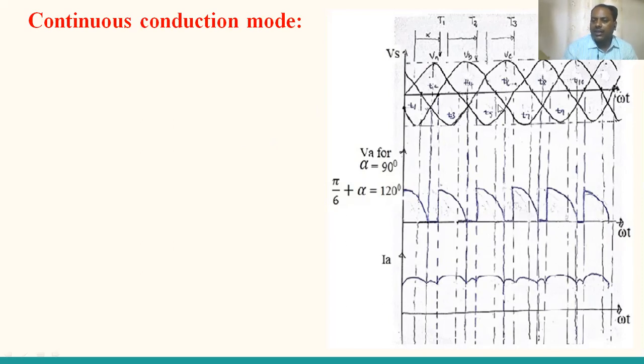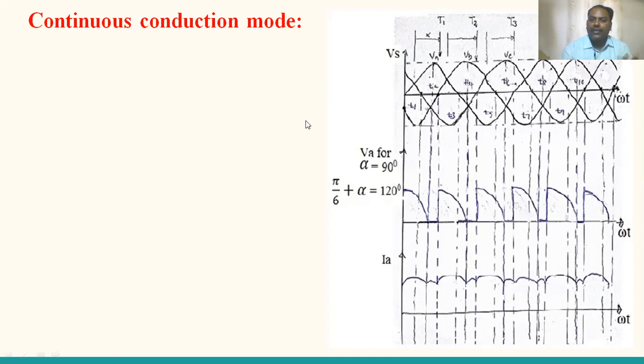This will conduct for pi by 6 plus 90 degrees. After that, T3 comes into action, triggered at 360 degrees, and D2 comes into action. So this makes the conduction continuous.